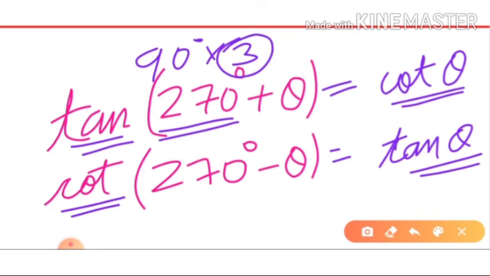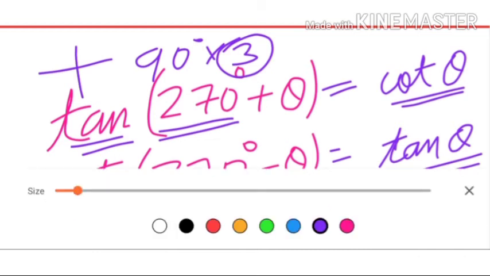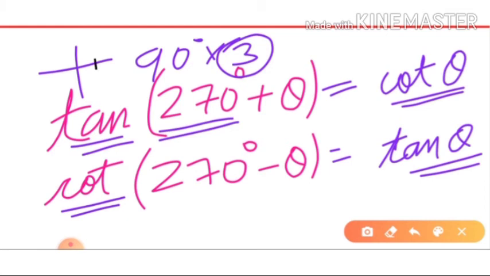Now we'll see the sign convention. What will be the sign? Now this 270 plus theta means, this one is 270. Remember, this is 0, this is 90, this is 180, this is 270. So 270 plus theta will be on the fourth quadrant, and fourth quadrant we know ASTC, only cos is positive, that means this tan will be negative.